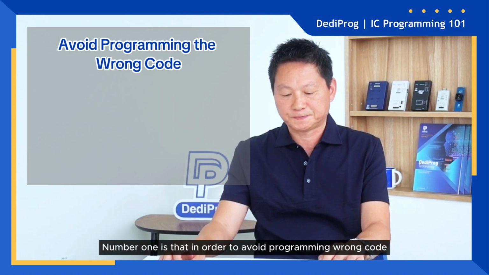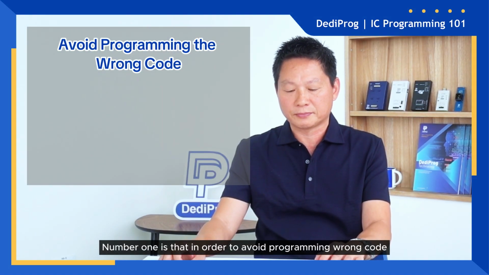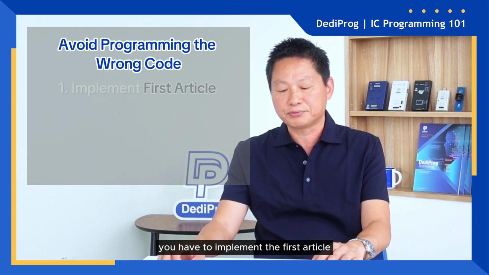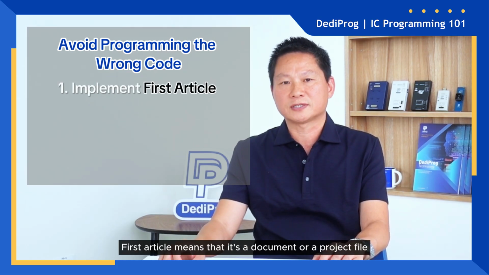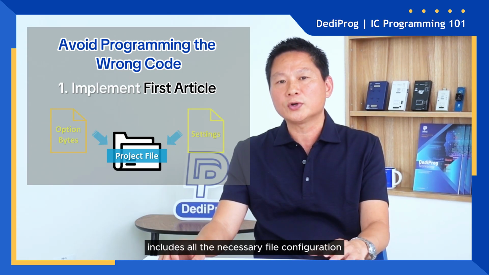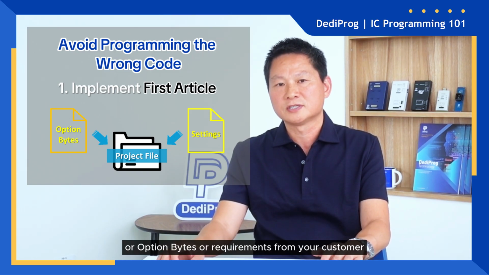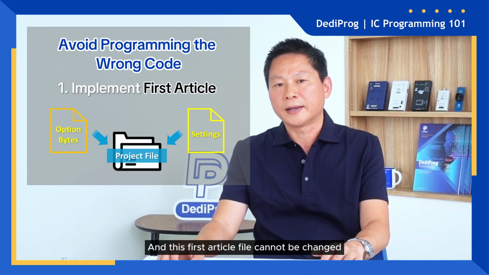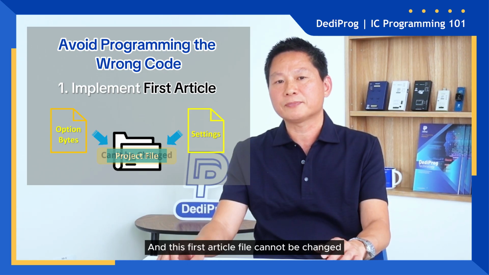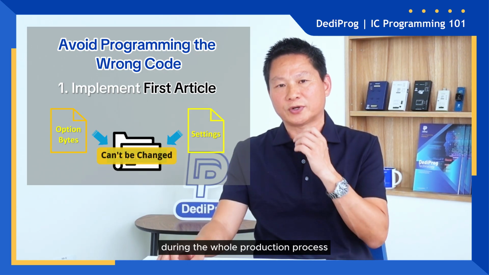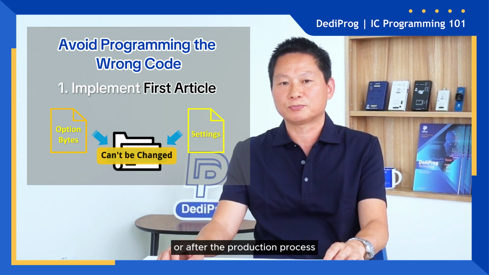Number one is that in order to avoid programming the wrong code, you have to implement a first article. A first article is a document or project file that includes all the necessary file, configuration or option byte requirements from your customer. This first article file cannot be changed during the whole production process or after it.